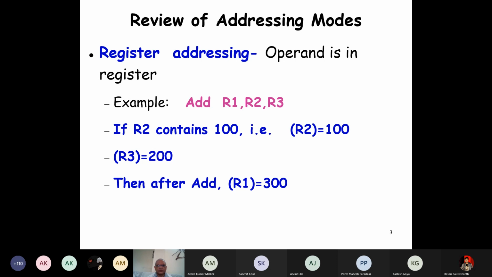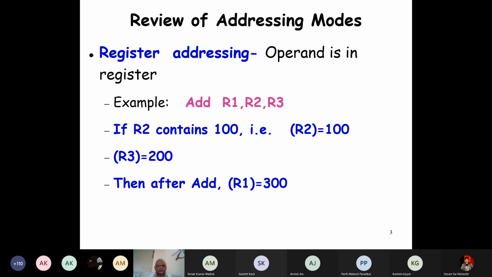And the two source operands are in R2 and R3, and for both of these the addressing mode is also register direct addressing. Simplest mode of addressing, nothing too much to understand here, straightforward, but still giving an example.